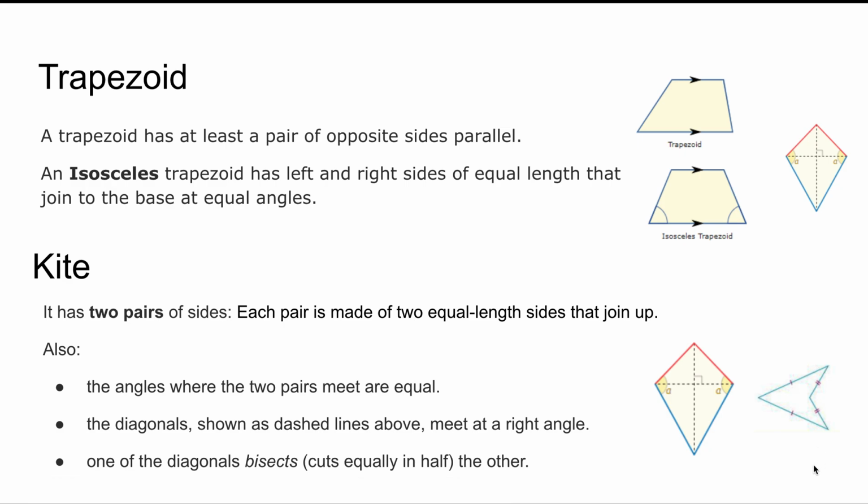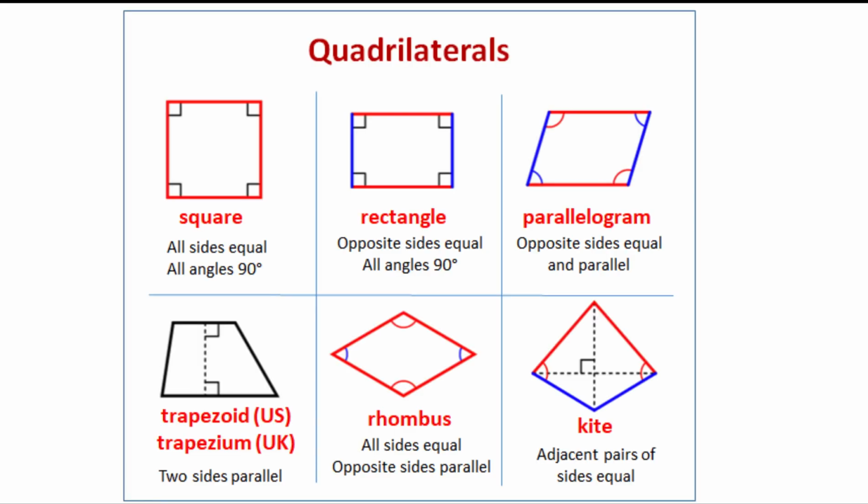Okay, so here is the summary of a quadrilateral. Quadrilateral is very important, even if it's a little bit confusing, right? So let's take a look at this again. Square, all sides are equal and all angles are equal at 90 degrees. Rectangle, all angles are equal at 90 degrees.